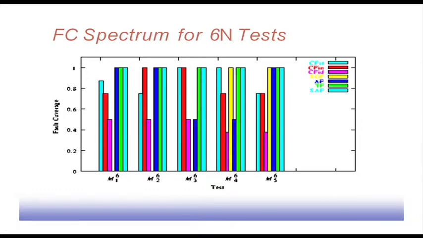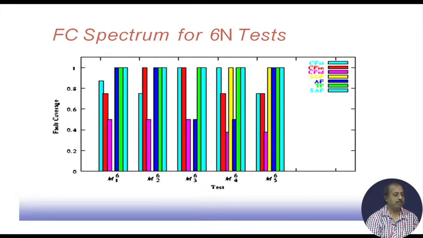So, naturally we would like to have those tests which will cover most of the faults. Accordingly you can select any of these patterns. M1 is really poor because some of the faults are not covered. So, it is not that good, whereas these are better. So, this way you can make some selection from the tests.